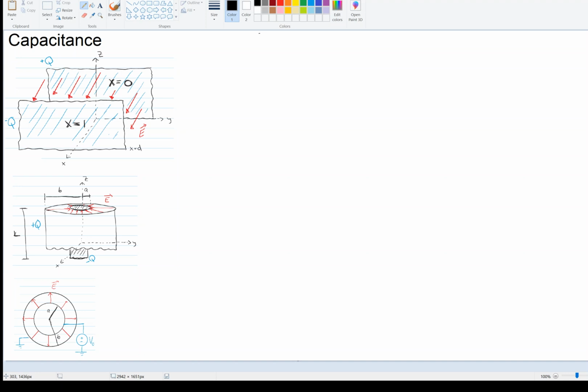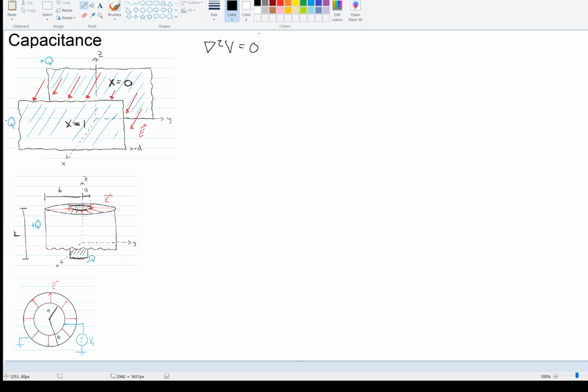So I'm going to assume V now, not Q, as I did in the prior two examples. It doesn't matter, but I'll give the outer shell ground, and then the inner shell I'll give V0 volts. Okay, so that's me assuming V. So I've got the boundaries now, and so I'm going to solve Laplace's equation.